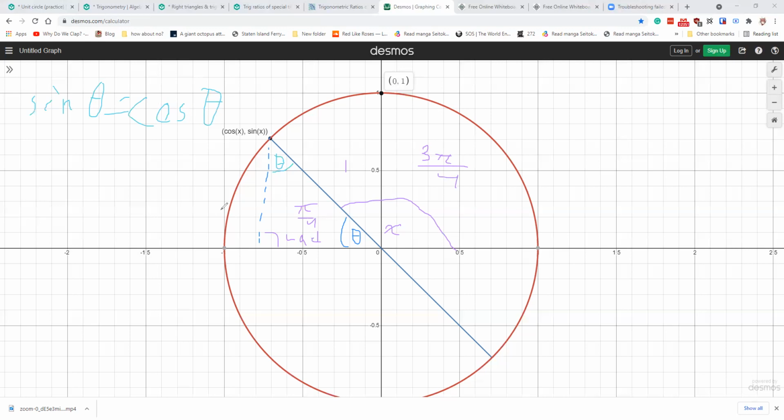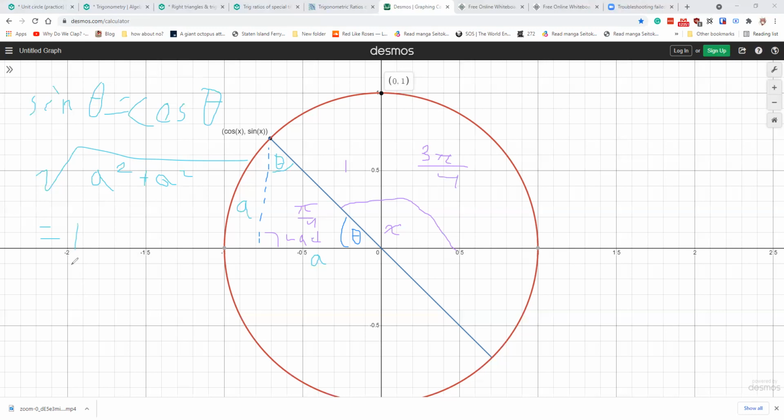Well, remember again that the hypotenuse is equal to 1. And therefore, we're looking for a number such that, let's say this side is equal to a, and this side is also equal to a. We're looking for a number such that the square root of a squared, a times a, plus a squared, a times a, is equal to 1.